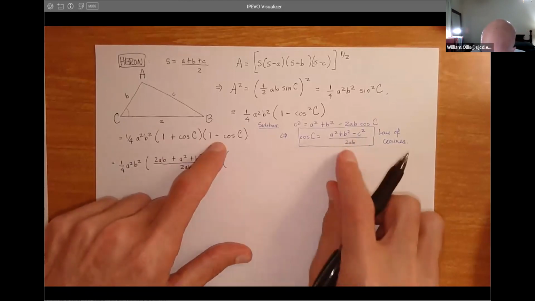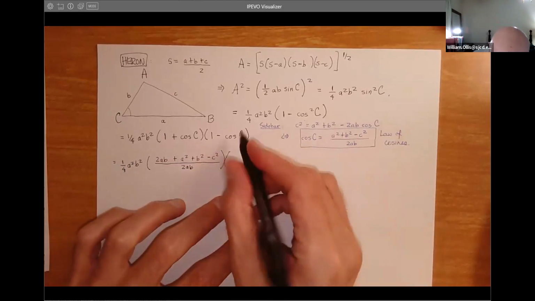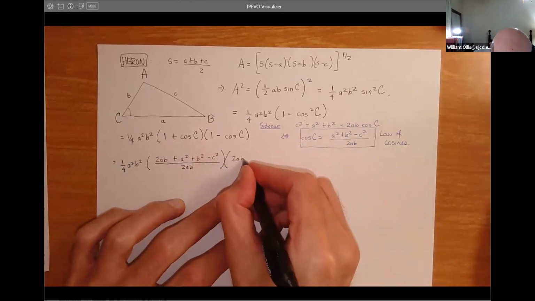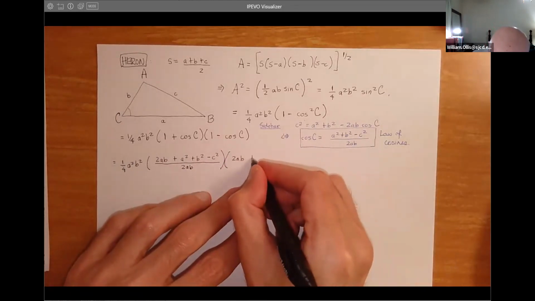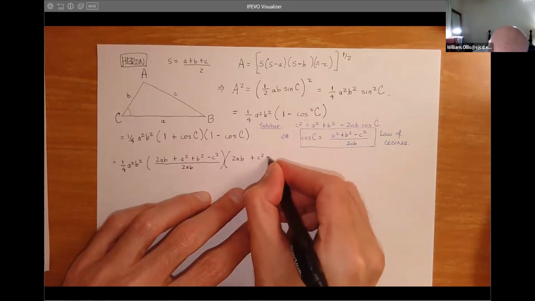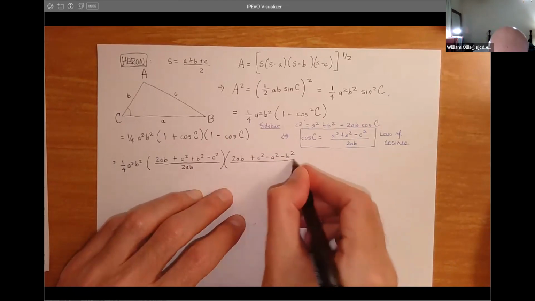Now, of course, we're going to get a common denominator, so we're going to again multiply this by 2AB. So we have 2AB, and now we have to subtract everything. So this is going to be a plus C squared minus A squared minus B squared over 2AB.